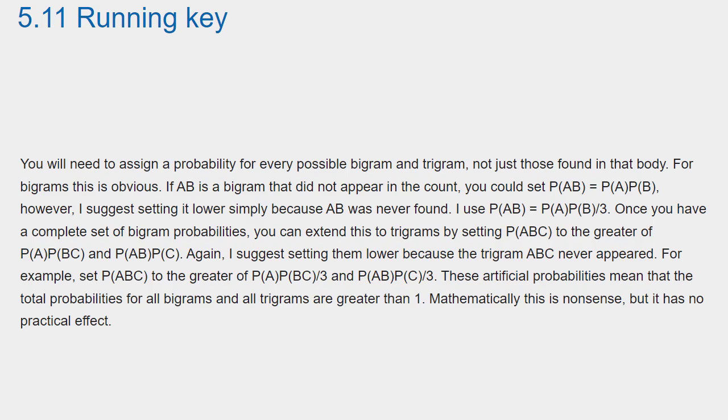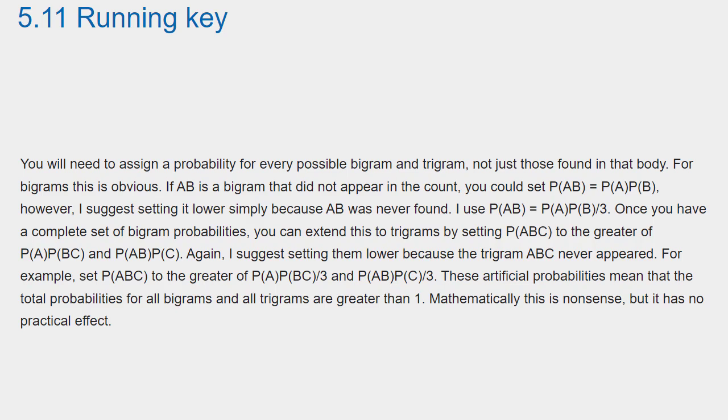For bigrams, this is obvious. If AB is a bigram that did not appear in the count, you could set P(A and B) equals P(A) times P(B). However, I suggest setting it lower simply because AB was never found.